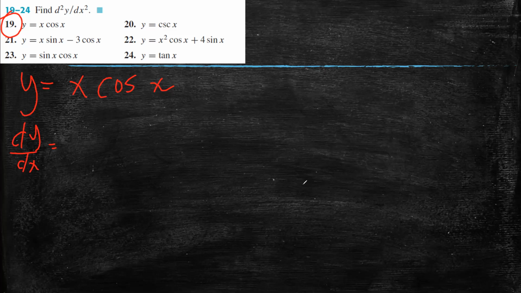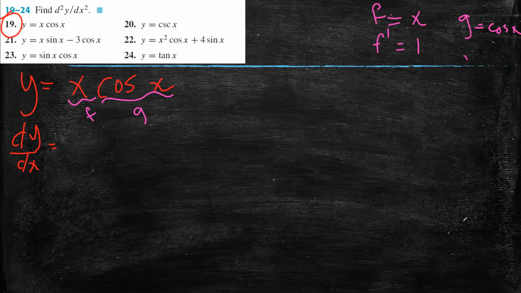So you will say this is f and this is g. F here is x, so f prime is 1. G is cosine, so g prime is negative sine.